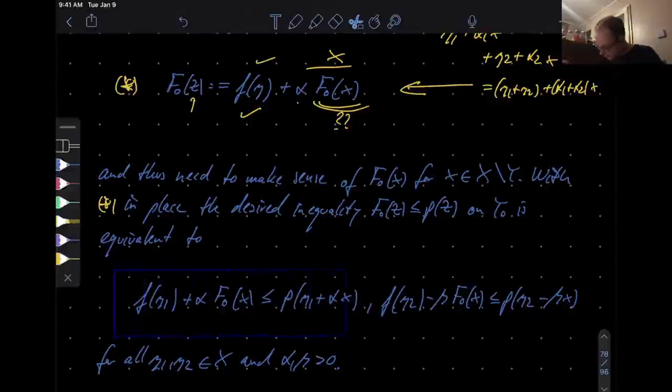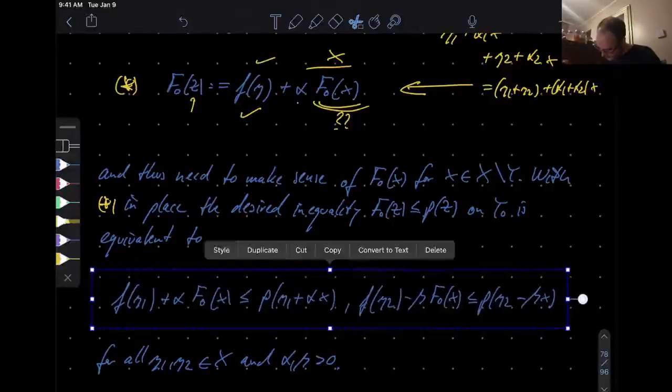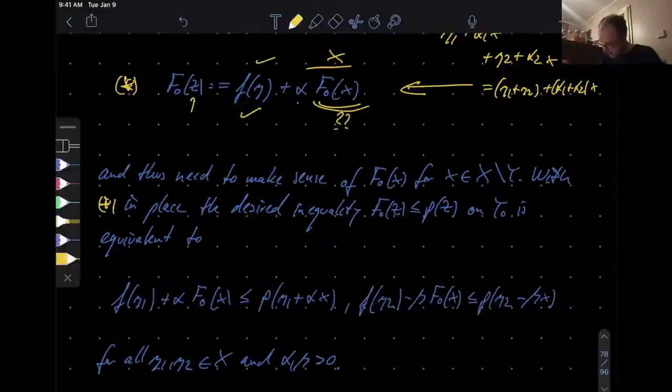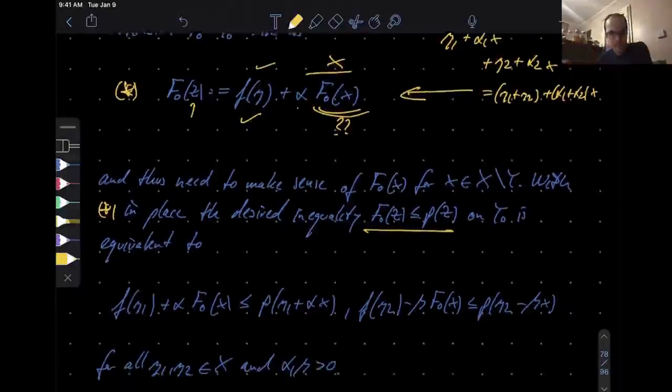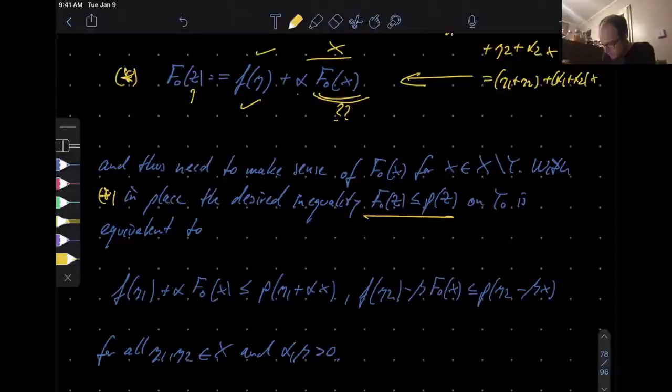Why two inequalities here instead of one? Well, the thing is, you need to satisfy this guy here when you represent z as y plus alpha x for all real alphas. Okay, so, whereas here in this double inequality, in one of them the parameter is positive and the other one is positive as well, right? So you derive one inequality for positive real parameters and the other one for negative real parameters, and the negative ones you just write as minus something positive. That's why you have two.